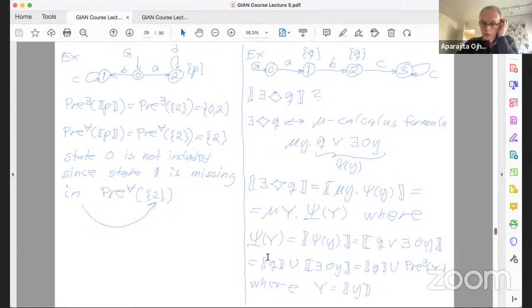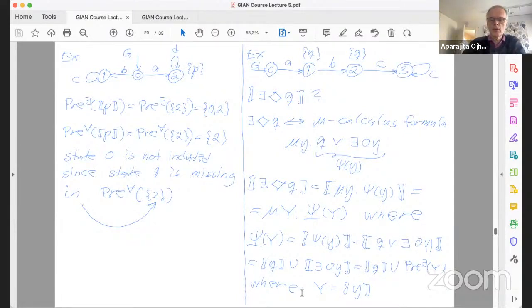So then we take the set where Q is valid, union with the set where existence next y is valid. Okay, this is actually exactly the description of this pre-function. So existence next y means in set expression pre-existence of Y. And then the question was, what is this pre-existence of Y? Well, it's actually one step backward on the set Y.